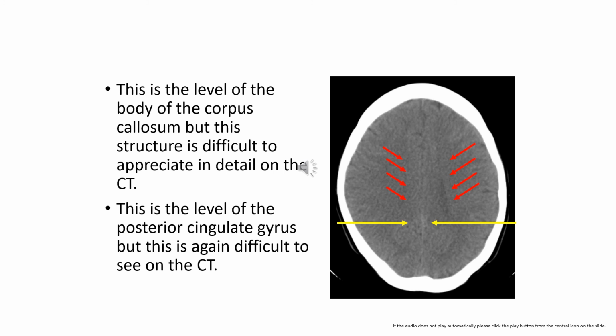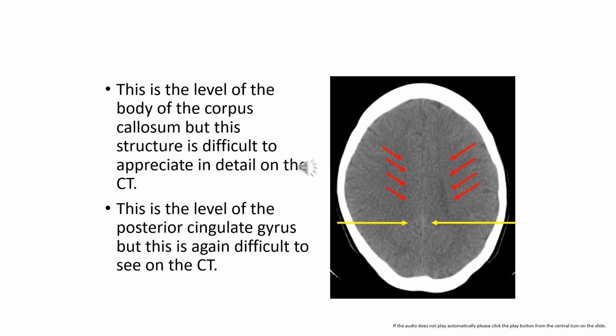Here we've descended further into the frontal, parietal, and the beginning of the occipital lobe within both the right and left cerebrum. Here we're at the level of the body of the corpus callosum. We will see this in more detail as we descend into the brain.